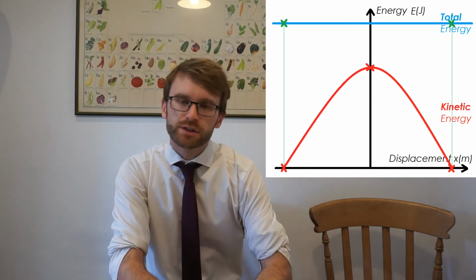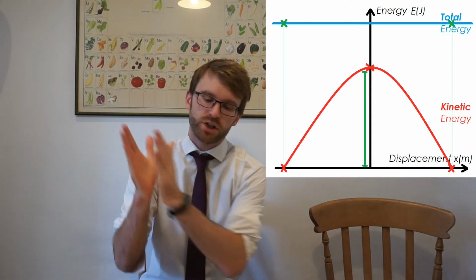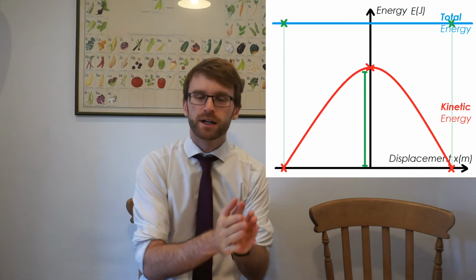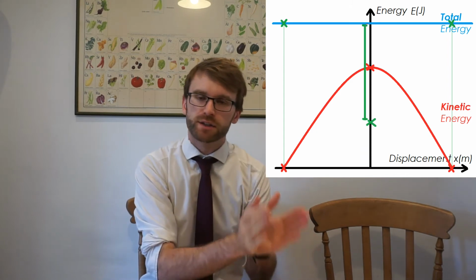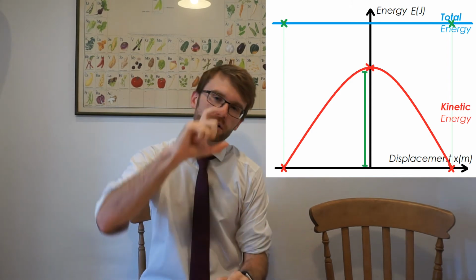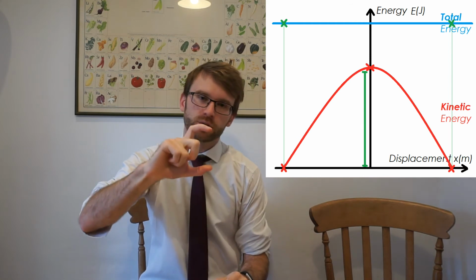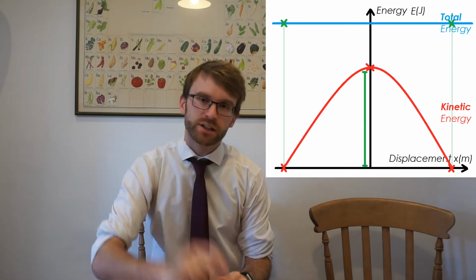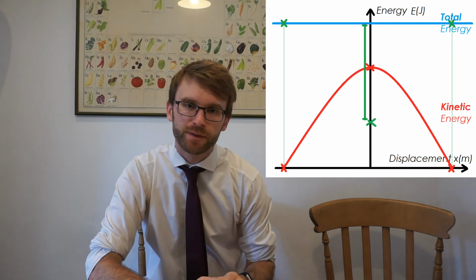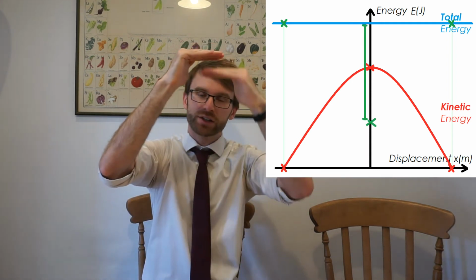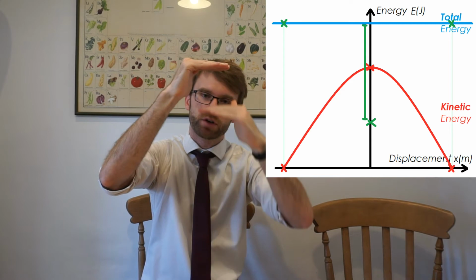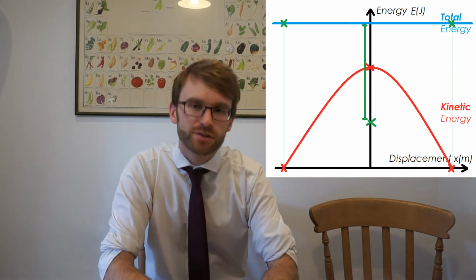How much potential energy is lost? Well, we know that the change in potential is the same as the maximum value of kinetic energy. So look at how high up your kinetic energy goes on the graph and use that same change in height but downwards from the top line for your potential.